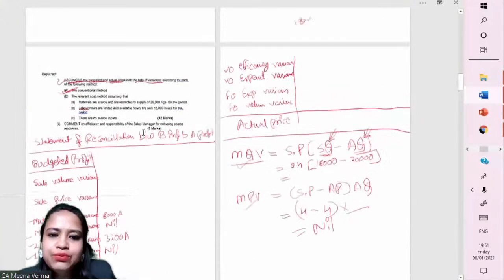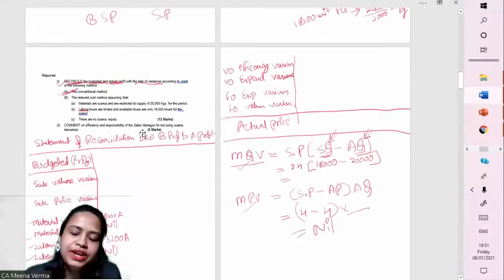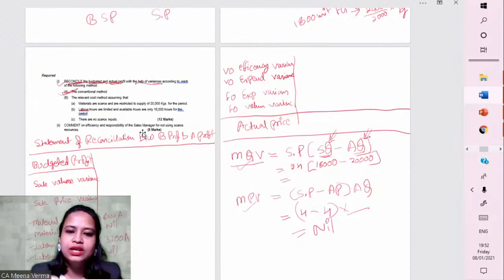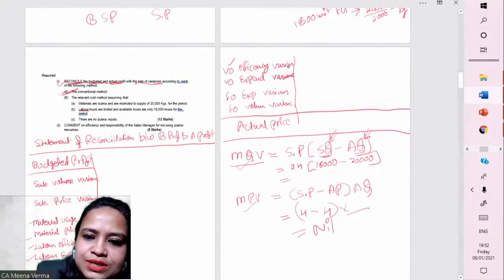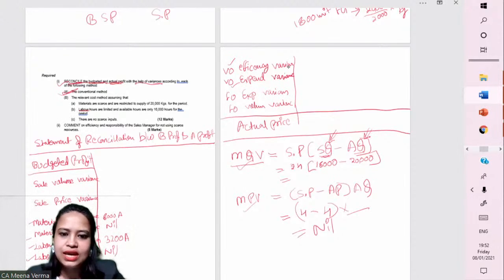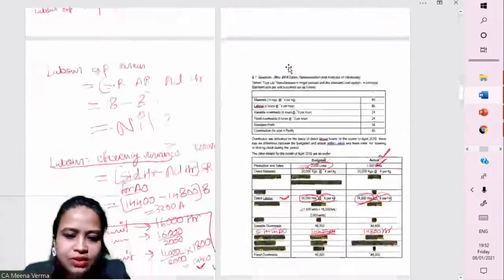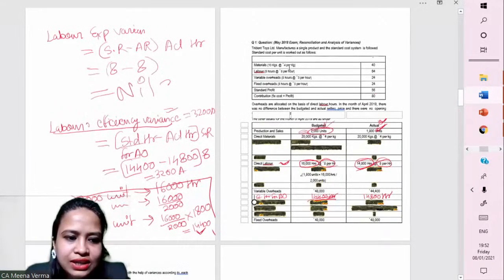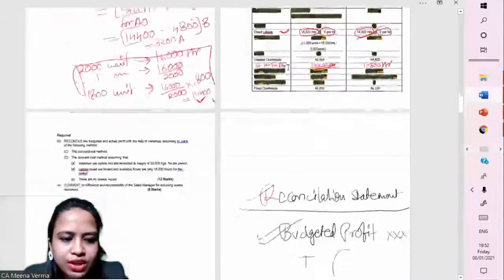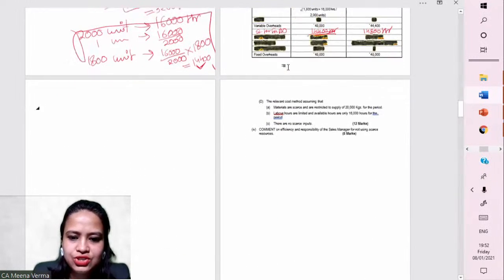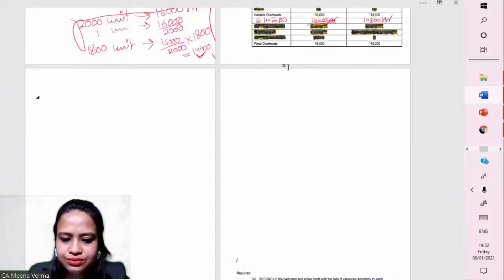Okay, now the same way as we have considered the labor expenditure variance and labor efficiency variance, please calculate variable overhead expenditure variance and variable overhead efficiency variance. Calculate these values also. Okay, the way you have calculated this labor expenditure variance and labor efficiency variance, calculate the variable overhead expenditure variance and variable overhead efficiency variance. Calculate it.